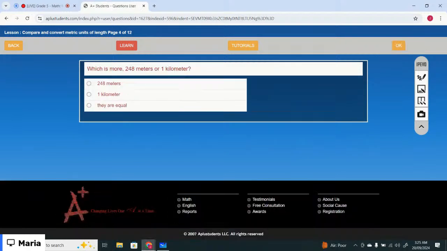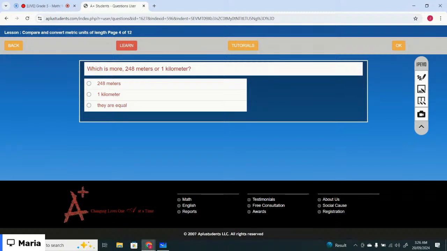Which is more, 248 meters or 1 kilometer? Which is the correct option? 1 meter is equal to 100 centimeters, not mile. So which is more, 248 meters or 1 kilometer?